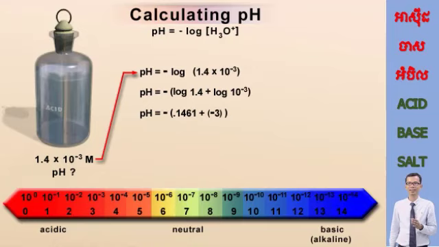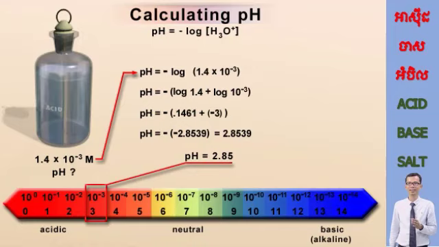This means the log of the concentration of hydronium ions is negative 2.854. pH is the negative log of the concentration of hydronium ions, so the pH is 2.854. The final answer, 2.85, is rounded to 2 digits beyond the decimal point, because the number of digits reported beyond the decimal point must equal the number of significant digits in the given molar concentration.